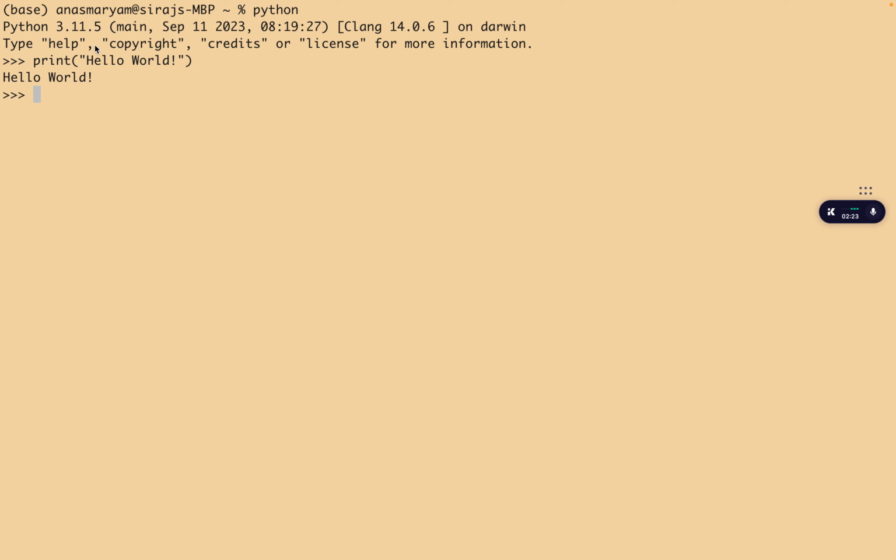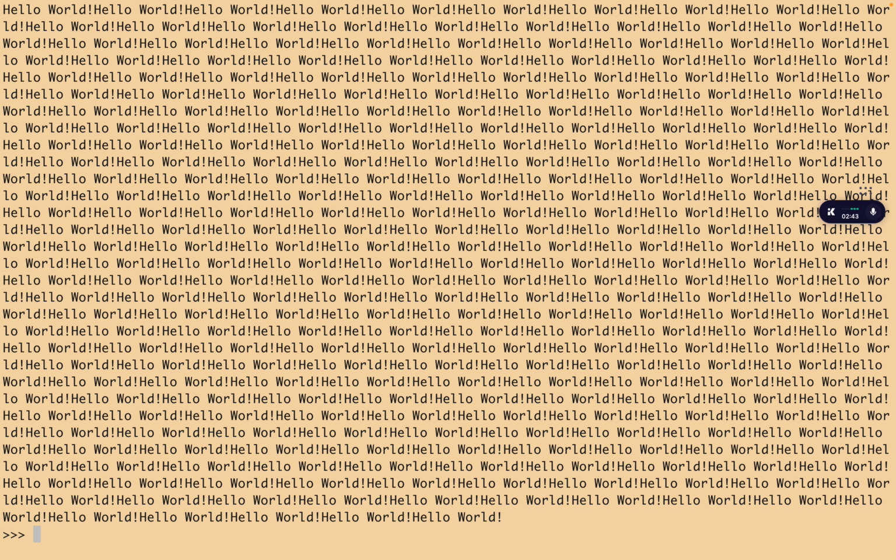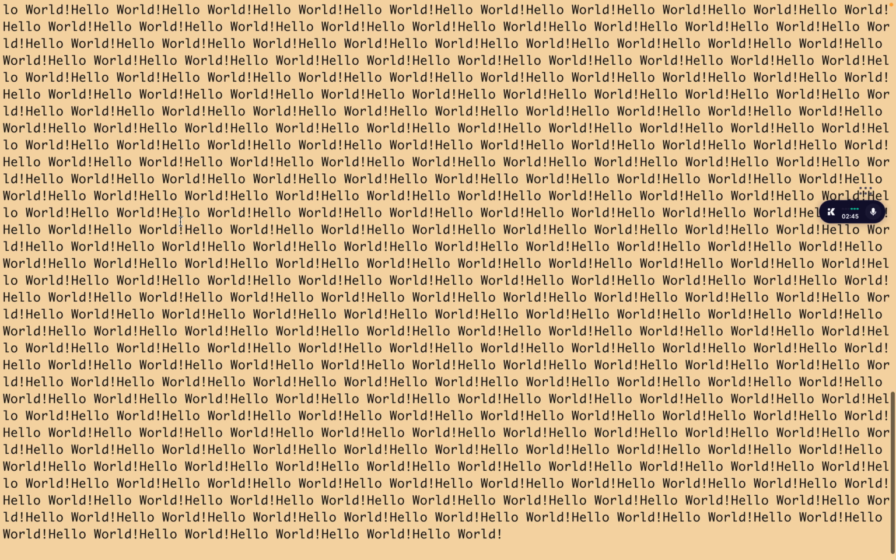Okay, so let's say you want to print hello world 1,000 times. To do that, you can do print hello world exclamation mark. You don't have to say exclamation mark. Anyways, then times, the times sign, 1,000. And now you put parentheses again, and then you do it. And there we go.